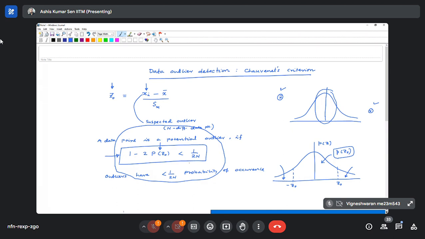If it is satisfied, then that data point is a potential outlier. Depending on your probability, you define a region in which you expect your 95% or 99.7% of data to lie. If a point falls outside that range, you call it an outlier.